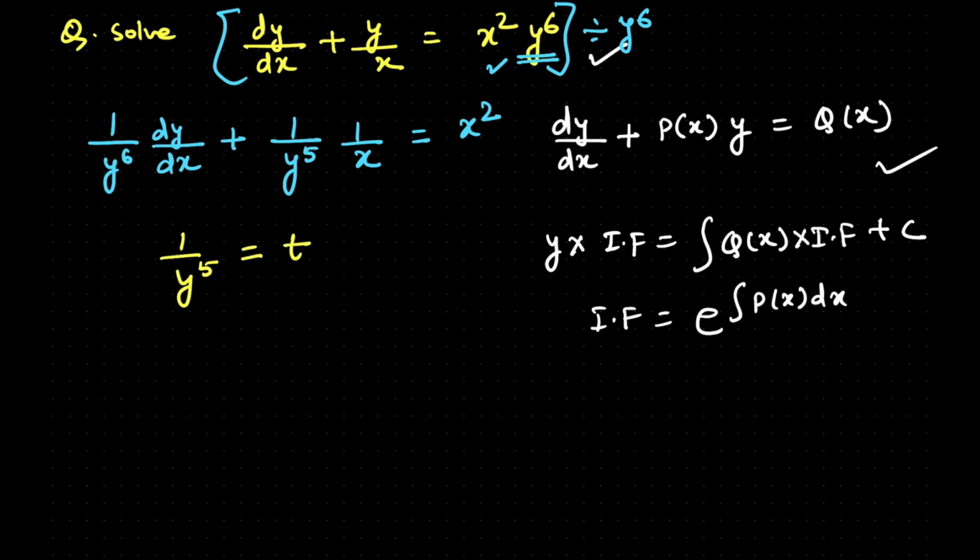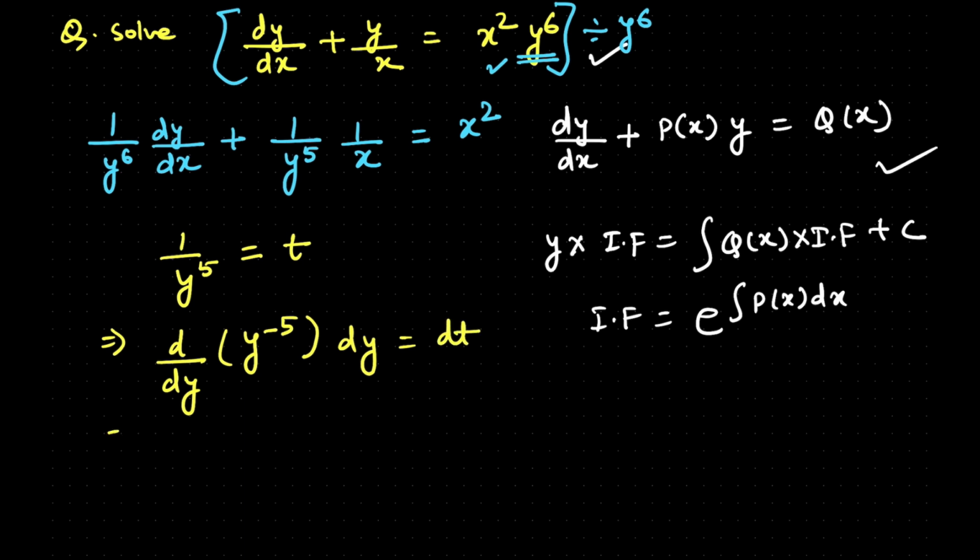When we assume this, we will differentiate both sides. Let's differentiate with respect to y on the left hand side and with respect to t on the right hand side. Using the chain rule, d/dy of y to the power of minus 5, and you have to multiply with dy also because we are using chain rule, and on the right hand side it is dt.